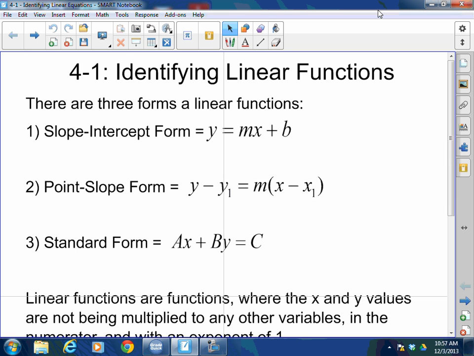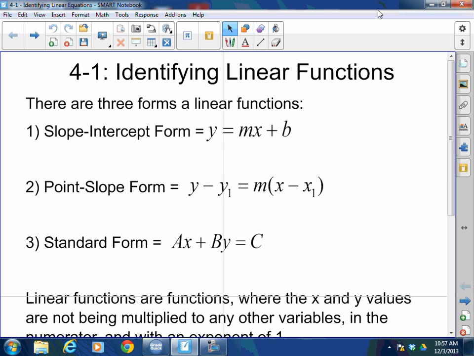When we're identifying linear functions or linear equations, remember, a function is the same thing as an equation. It's a set equation. It's not going to change. And there are three forms of linear equations. We're going to get into this with much greater detail, I promise, but I just want to give you a first look at what you should expect.